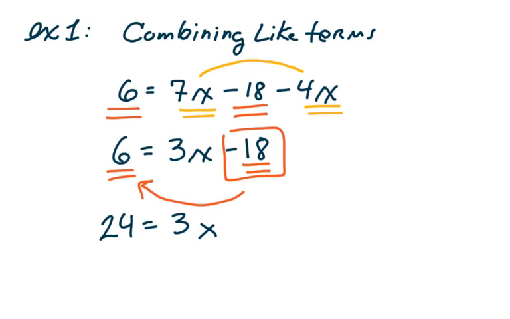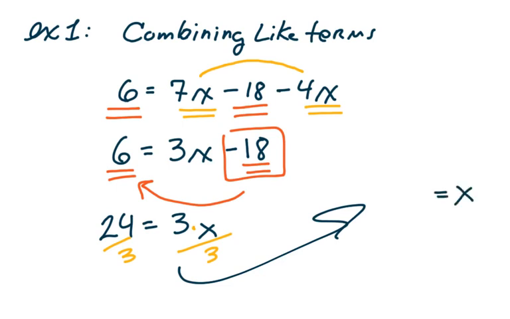Now, this is just like a one-step equation. I see that x is being multiplied by 3. So what am I going to do? I'm going to divide both sides by 3. And when I do that, I get my final answer of x is equal to 24 divided by 3, which is 8.